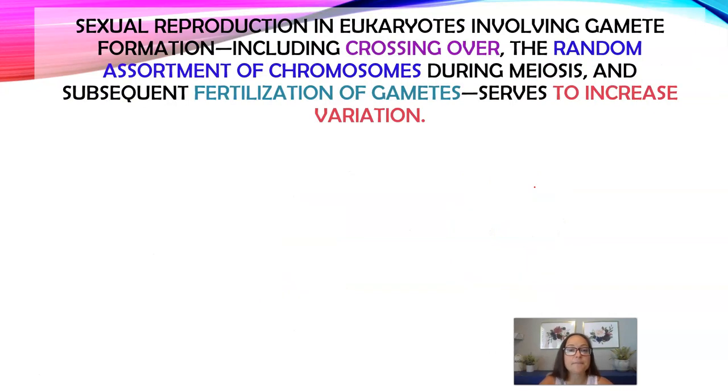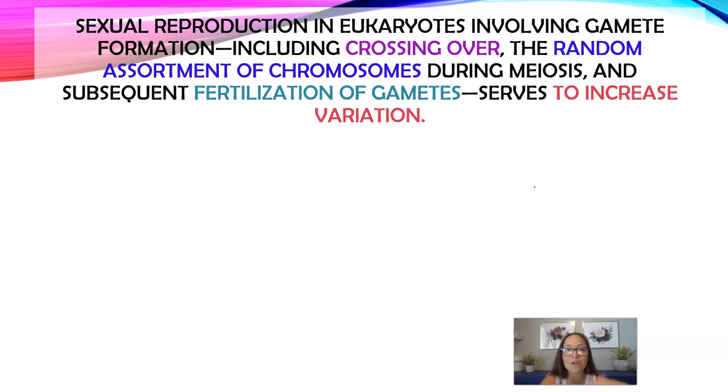Okay. So sexual reproduction in eukaryotes, involving gamete formation, including crossing over, the random assortment of chromosomes during meiosis, and subsequent fertilization of gametes, serves to increase variation. This is a big deal in biology, this idea of increasing variation. Variation is always a good thing in biology.